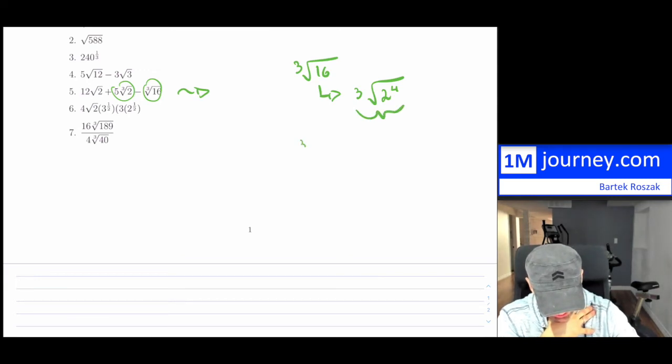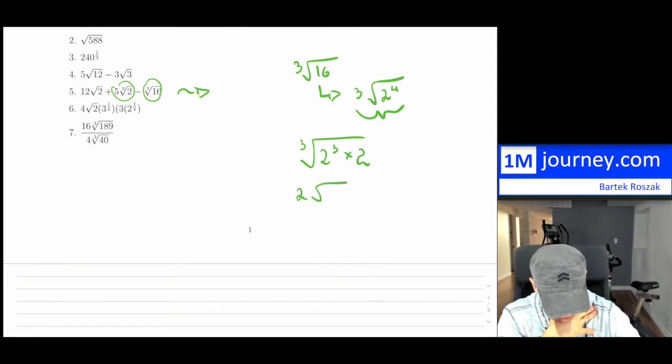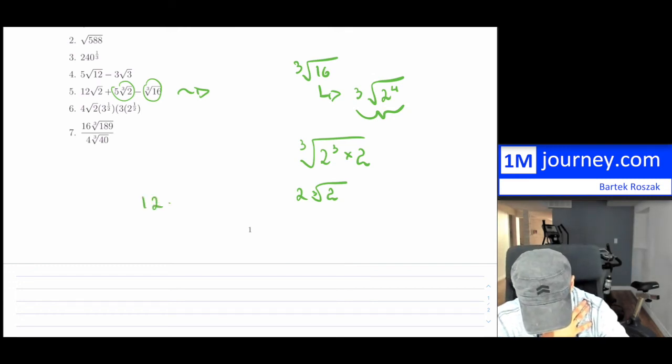So this is the cubed root. I'm going to take 2 cubed and then times 2. So that's the same thing, and that's going to be 2, again, the 3 is there. So now what do we have? We have 12 square root of 2 plus 5 cubed root of 2 minus 2.